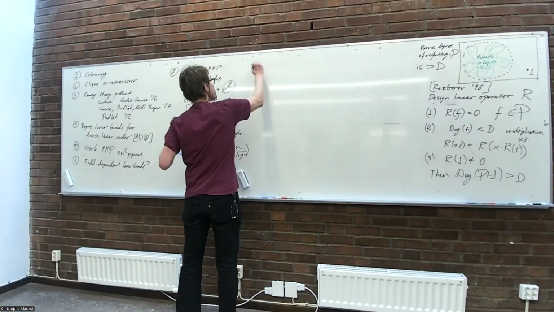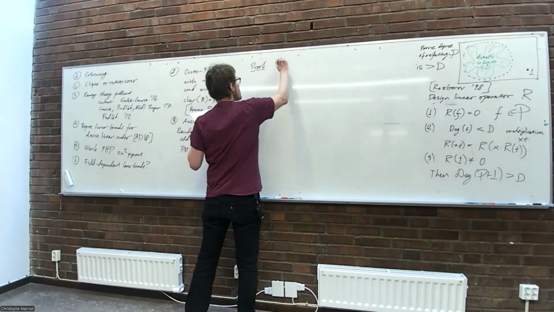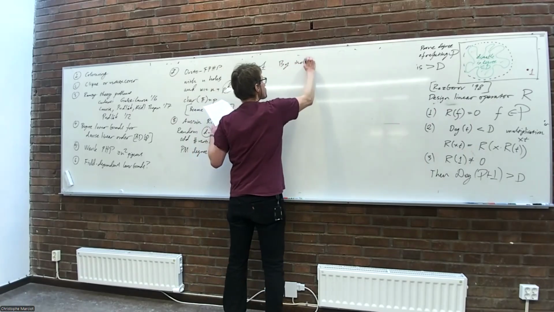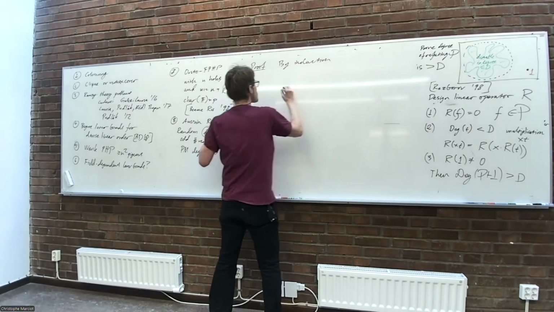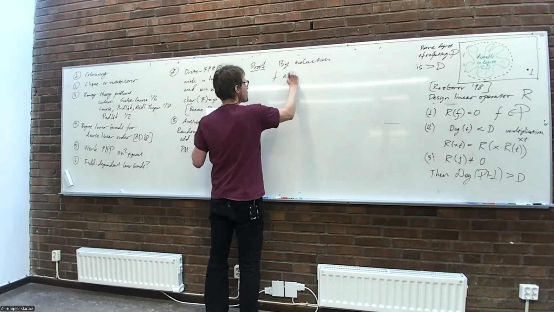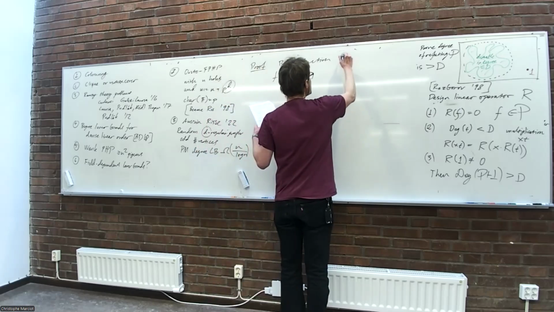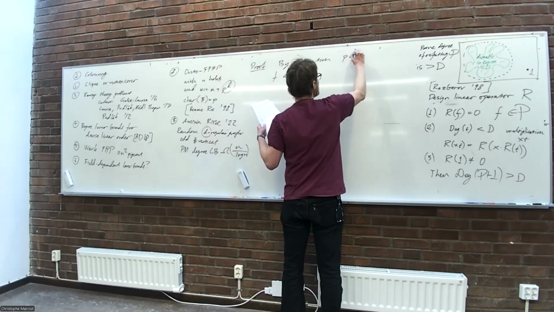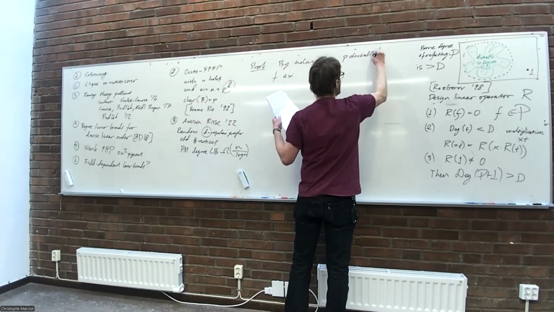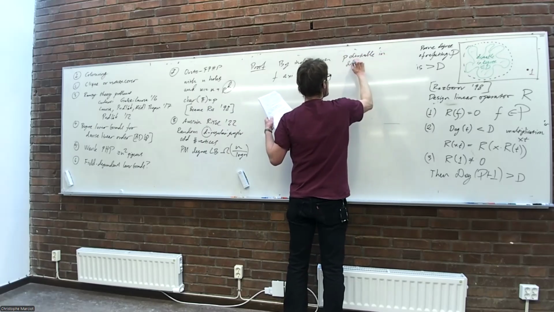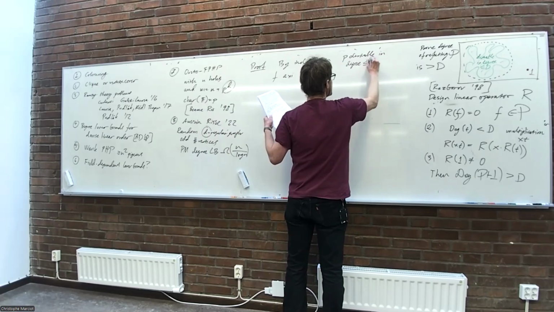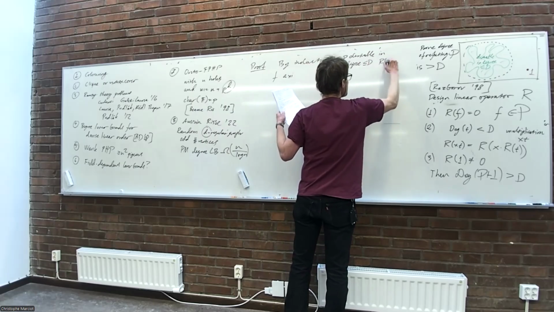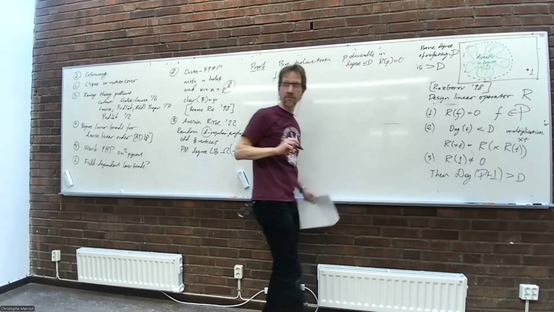So, proof of this, by induction: any P derivable in degree at most D satisfies that R maps P to 0.